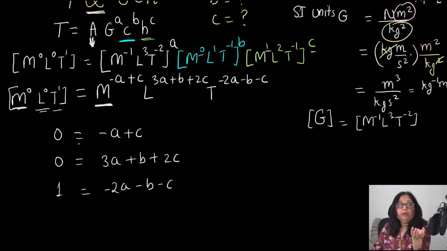So here now we have 3 equations, 3 unknowns. Can we solve it? Sure we can. But I'll show you in a few minutes that we could have solved the problem without doing all this. I'll show you how.